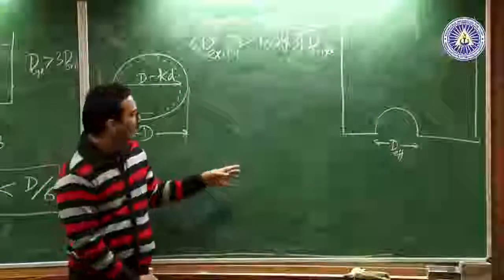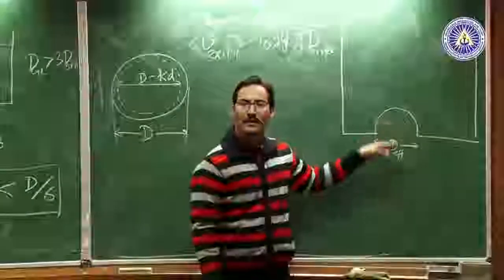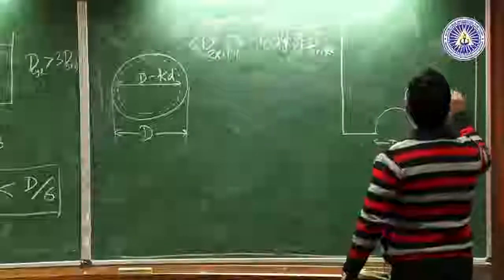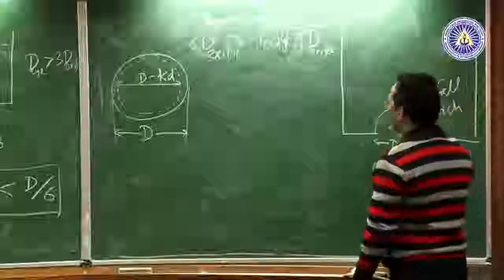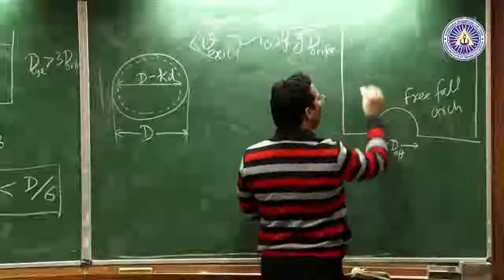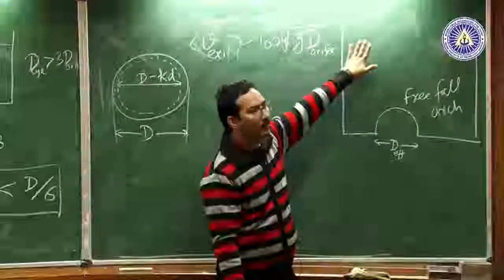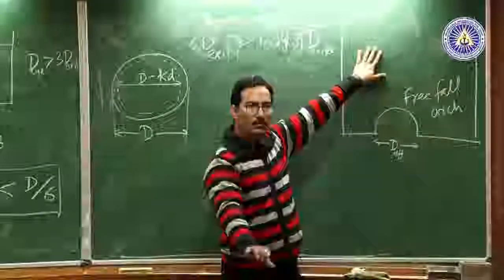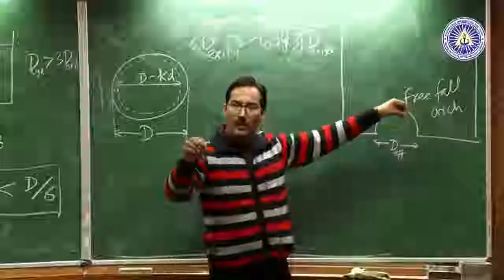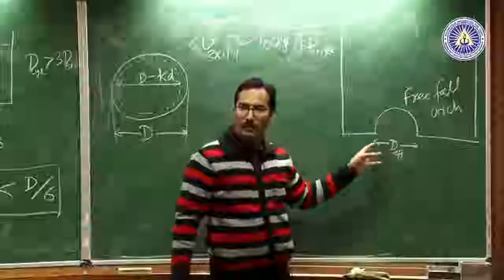So instead of D you bother about D effective, and then you just think of it as a free fall arc, where from here is a region in which particles are very slowly moving, and for the theoretical argument you assume that the velocities in the slow flow regime are 0. You somehow manage to come to this free fall arc, and then you have the entire gravity pulling you down and you just fall through.